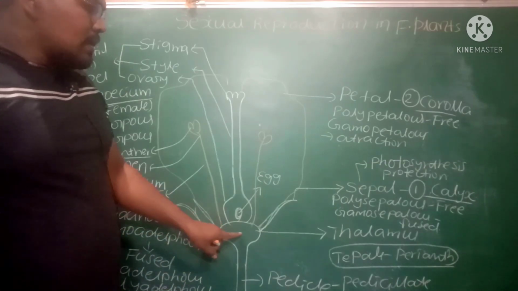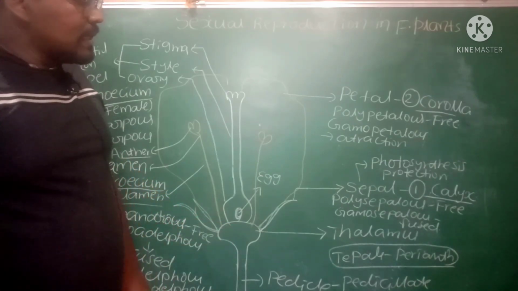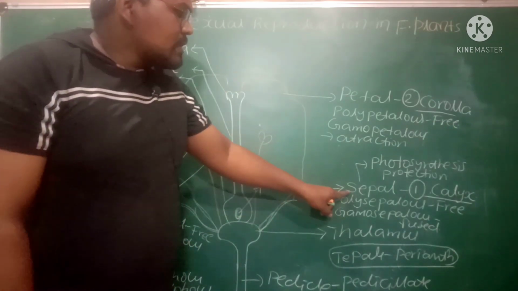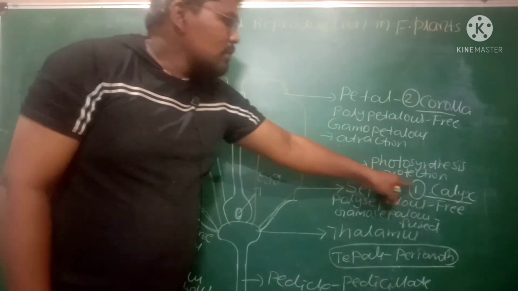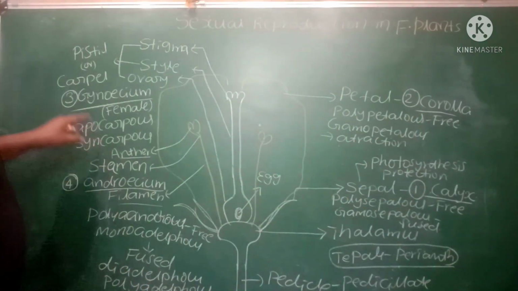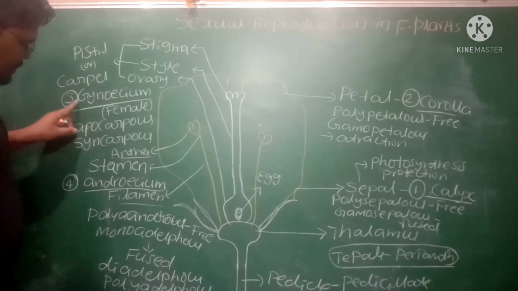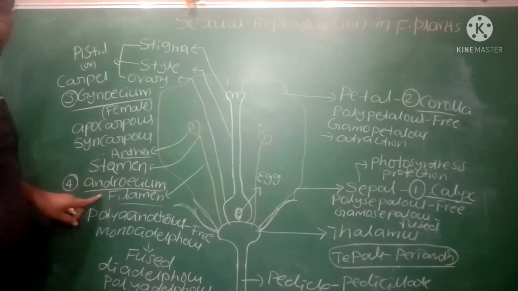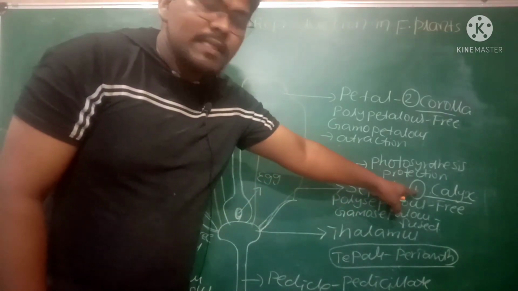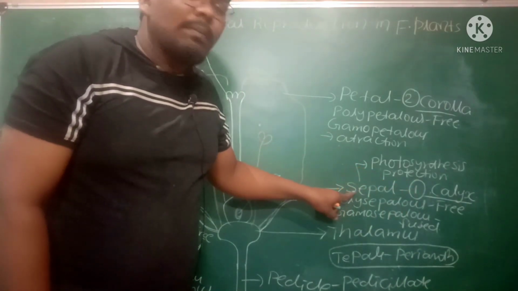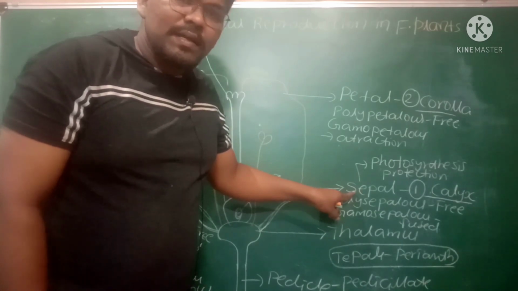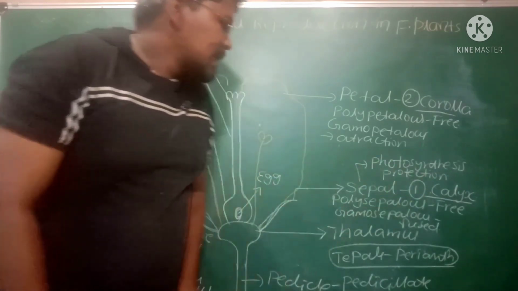The flower mainly contains 4 parts: number 1 is calyx, number 2 is corolla, number 3 is gynoecium, number 4 is androecium. First, the calyx is formed by the sepals. All sepals which are present in the flower combinedly form the calyx.